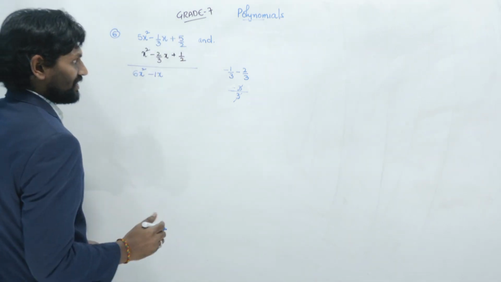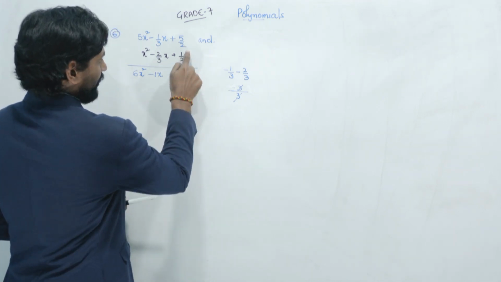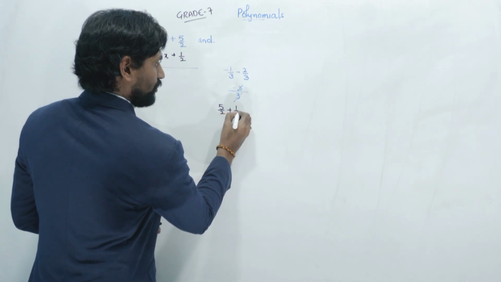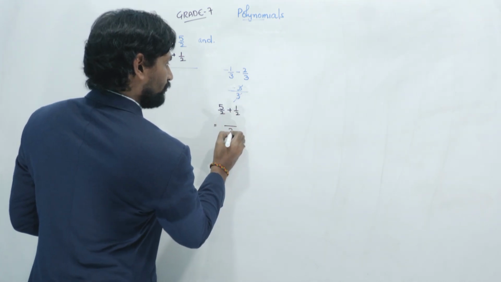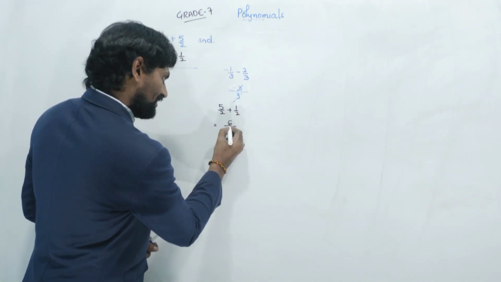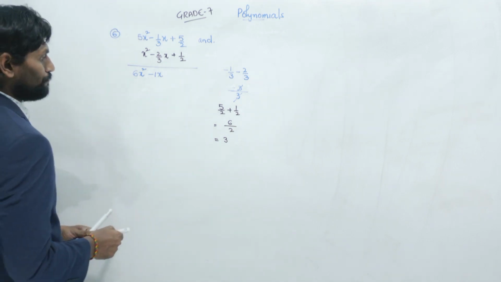Now coming to the constant terms. Again using rough work here, constants: 5 by 2 and 1 by 2. Again both have the same denominator 2. Directly we can add the numerators, 5 plus 1, 6. 2 threes are 6, so the constant term is plus 3.